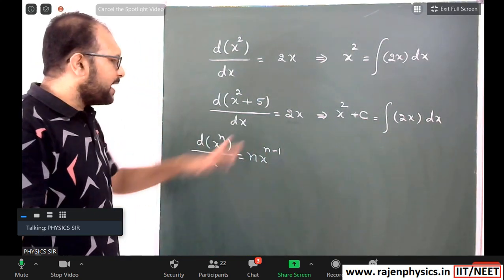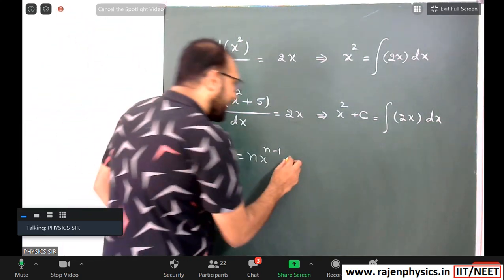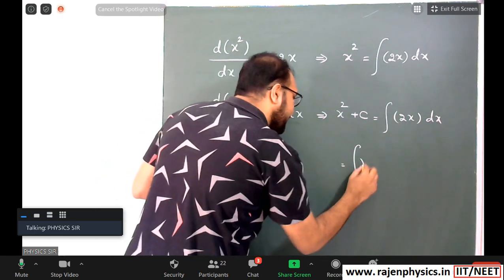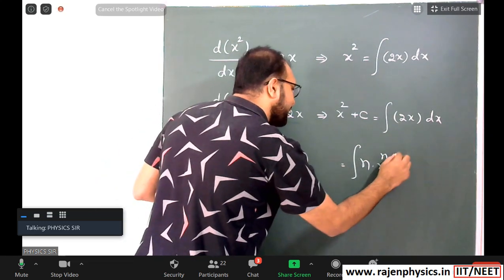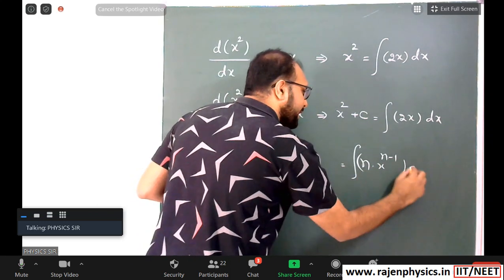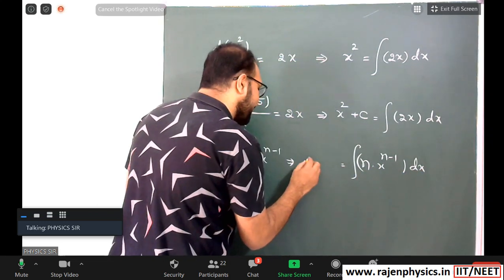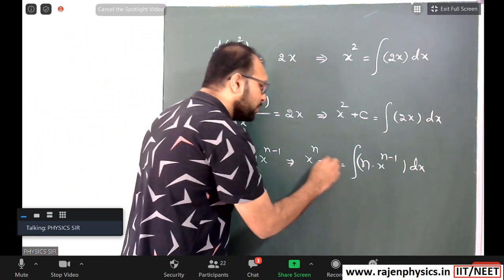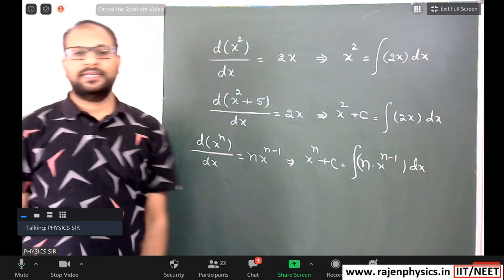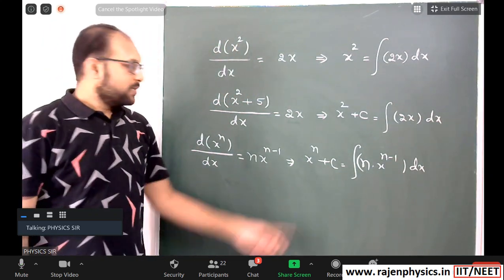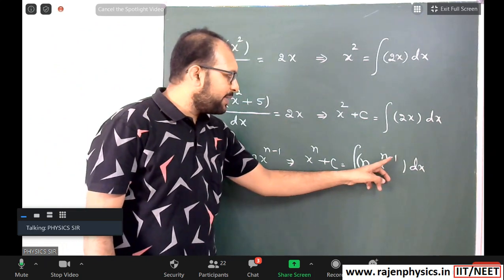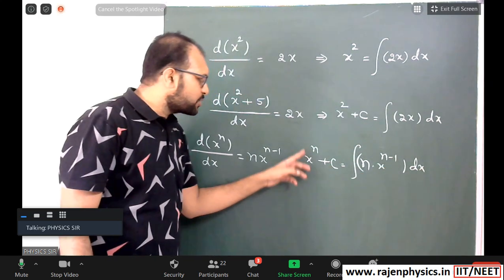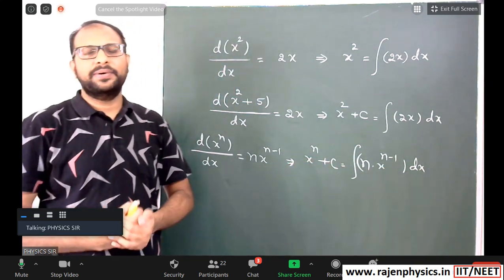So in the same way, integral n into x to the power of n minus 1 dx is nothing but x to the power of n, mandatory, plus some constant that we don't know, that is c.